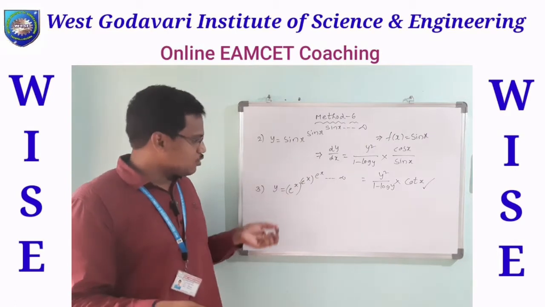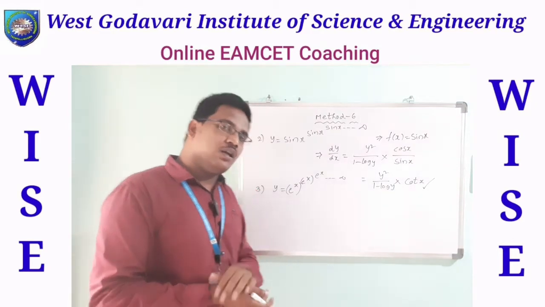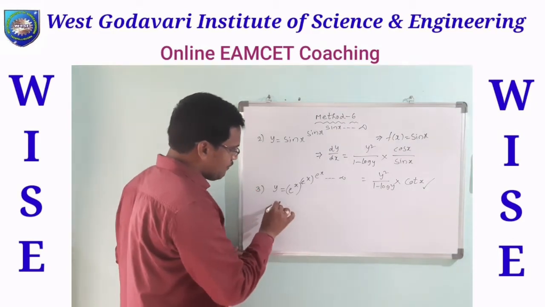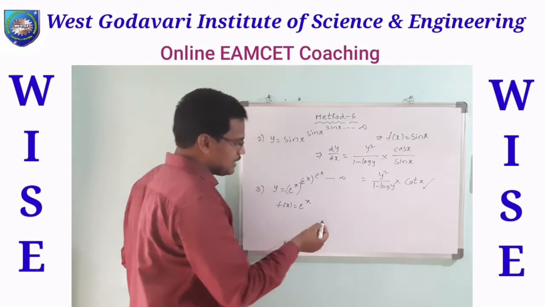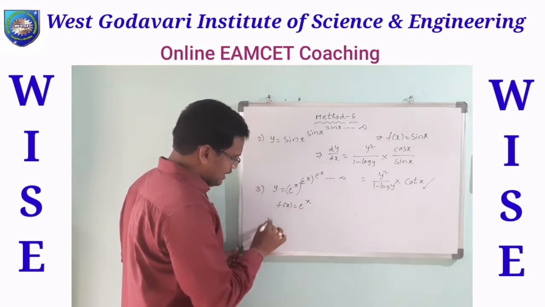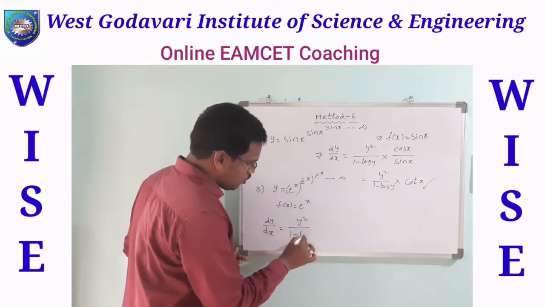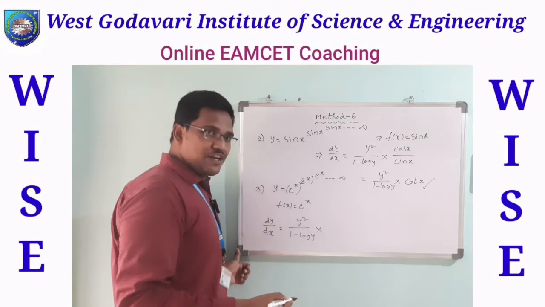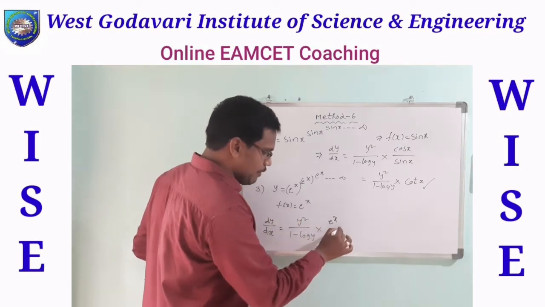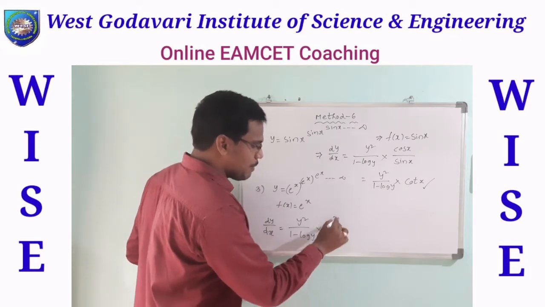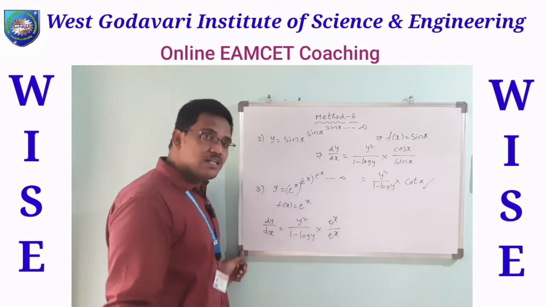Now see another question. y is equal to e power x whole to the power of e power x, and so on infinity. Here also the f of x value is e power x, and the shortcut method is dy by dx is equal to y square by 1 minus log y into f dash of x by f of x. Here f of x is e power x, then f dash of x becomes e power x. f of x is also e power x. They cancel each other. Finally the term is y square by 1 minus log y.